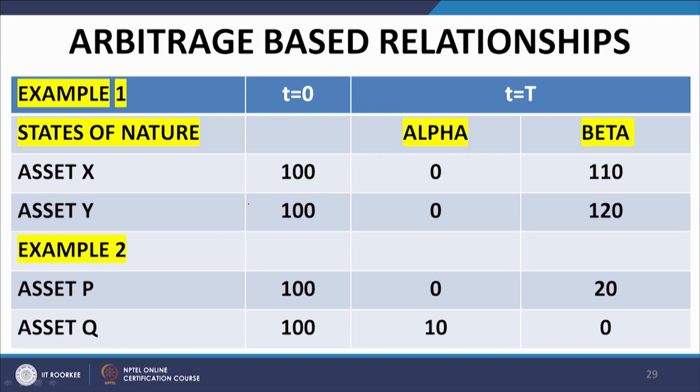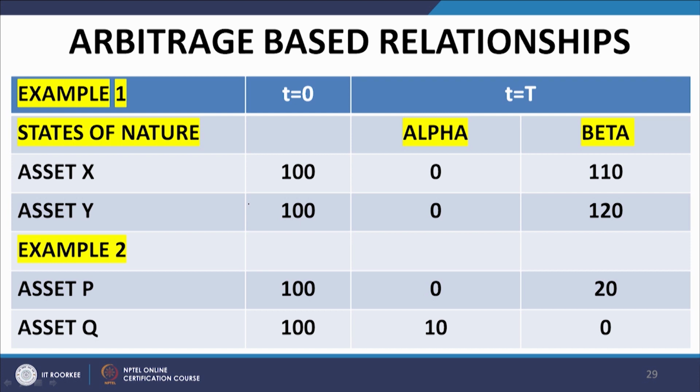and is giving you a payoff of 120, and because both these assets are being priced at 100, this surely indicates the possibility of arbitrage, because two identically priced assets are not identical in respect of their future payoffs or the probability distribution of the future payoffs.